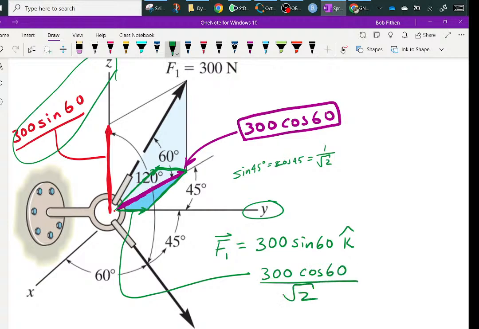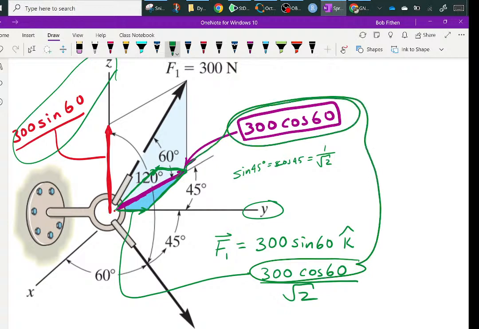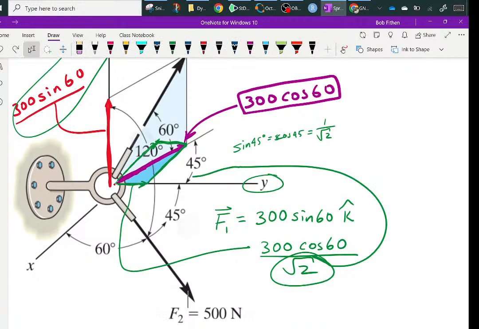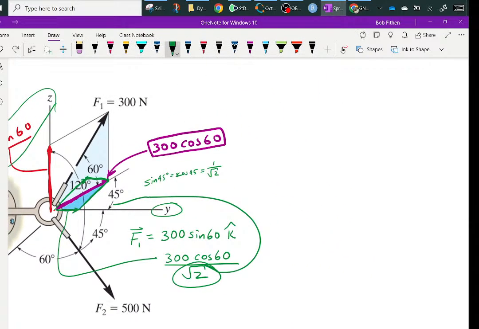Why is that? Okay, so first, that's the length of the projected vector in the plane right here. And then the 1 over square root of 2 comes from the fact that if I look down on this triangle right here, this is what I see. Now I'm looking down, I'm seeing X this way, I'm seeing Y this way.